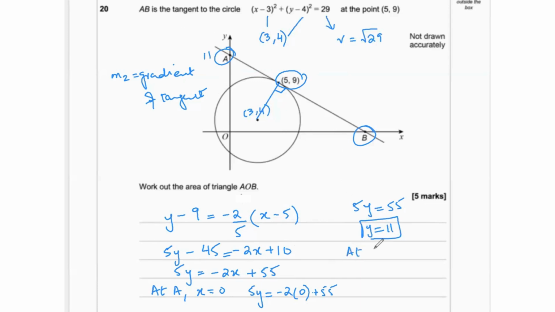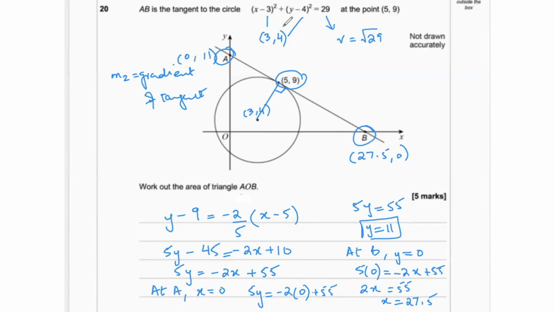Then at B, y is 0. So 5 times 0 equals −2x + 55. 2x equals 55 and x is 27.5. So this is 27.5 over here. Write the coordinates, that's (0, 11).